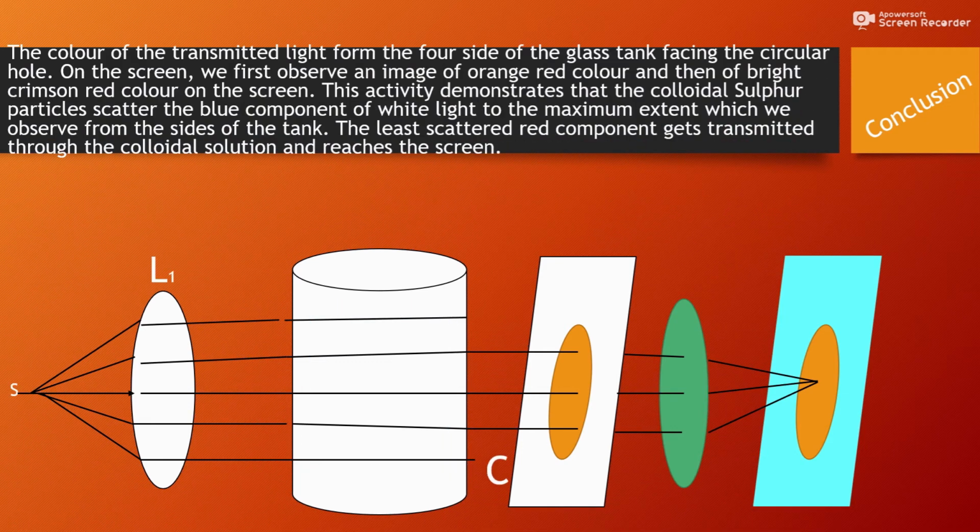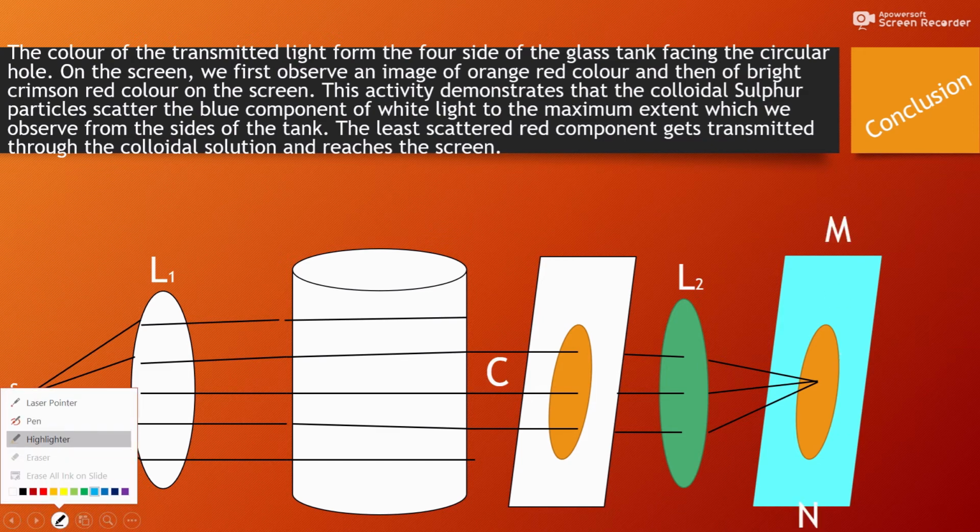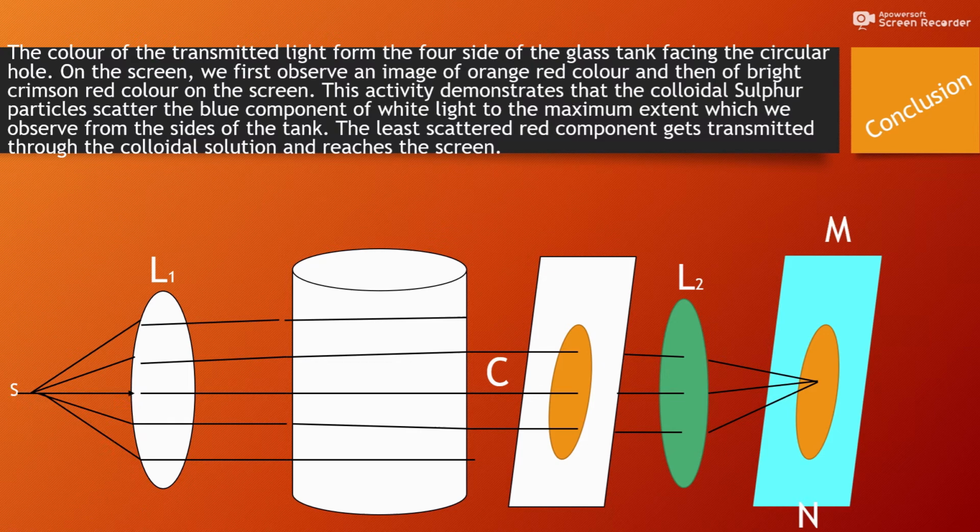Now, observe the color of the transmitted light from the 4th side of the glass tank facing the circular hole. On the screen, we first observe an image of orange-red color and then bright crimson red color.